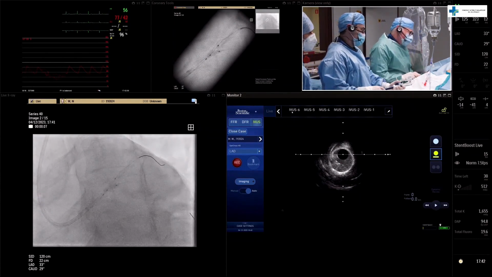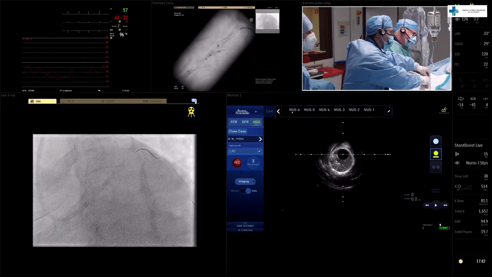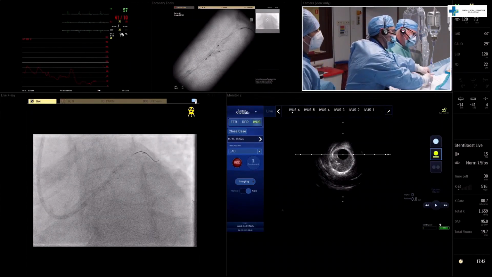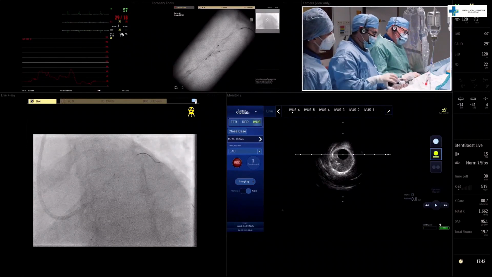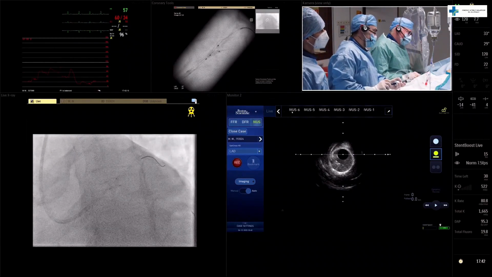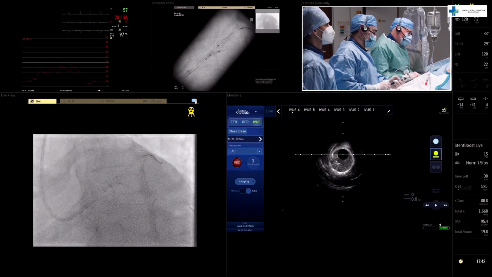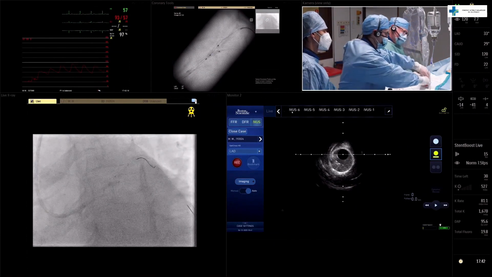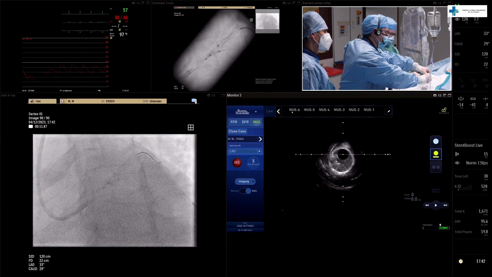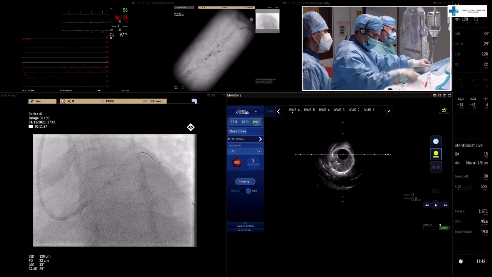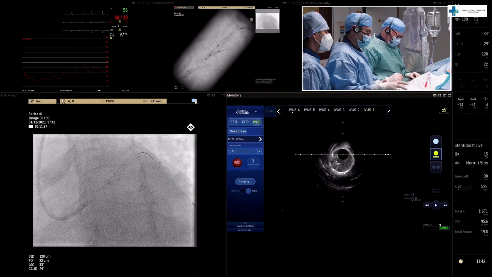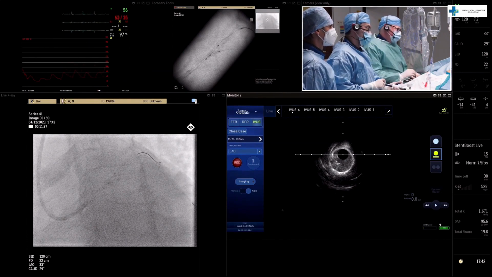And again, check a little bit. I will push it forward a little bit to the carina. Yeah. Open here, 8, 10. Okay. Deflate.